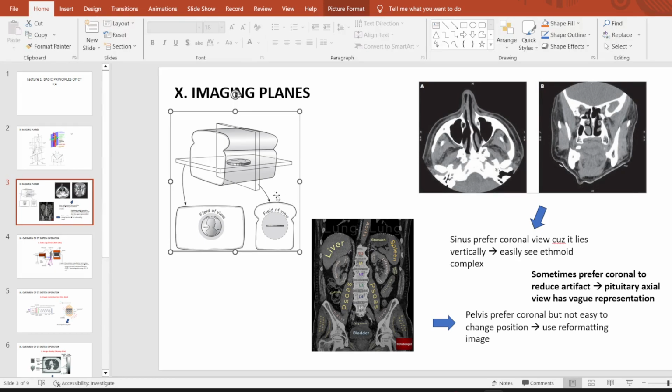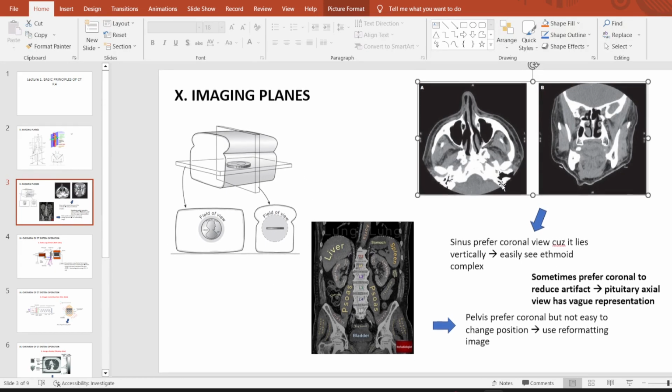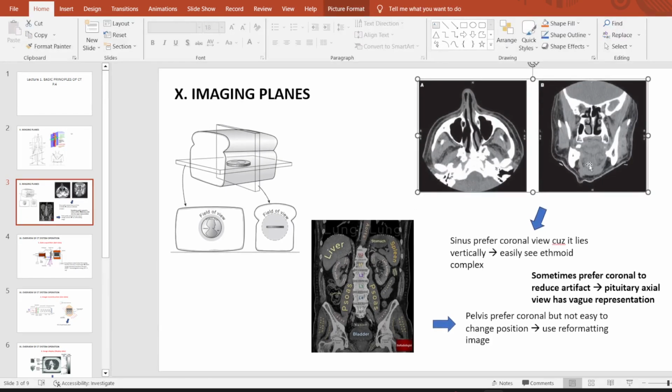Usually, in a particular body part, we need to change the view to have a comprehensive evaluation about the status of the body part.